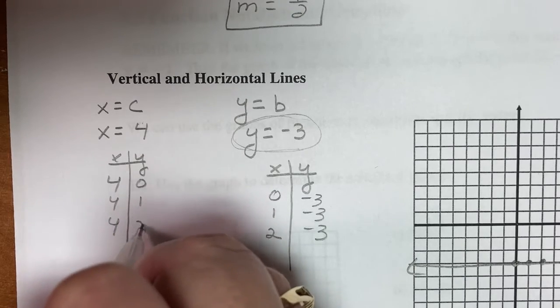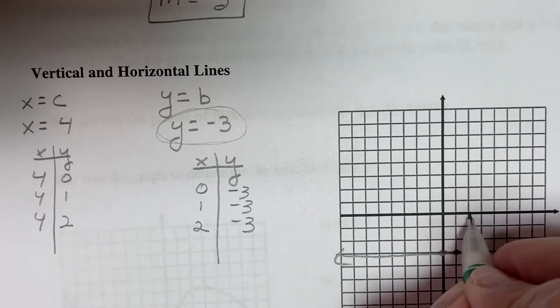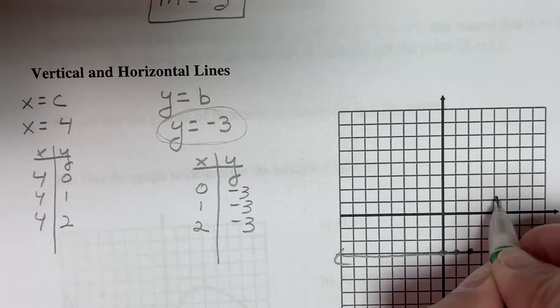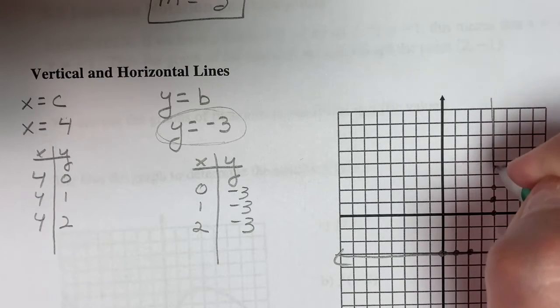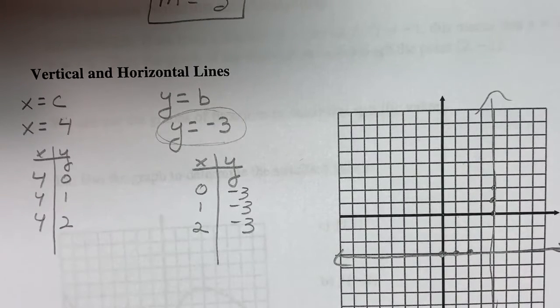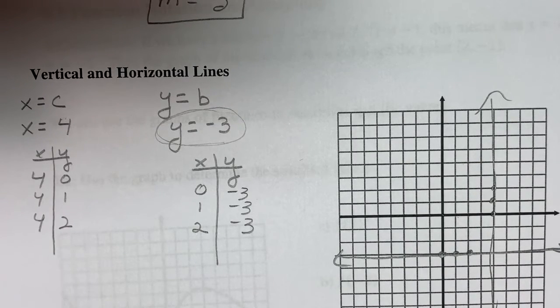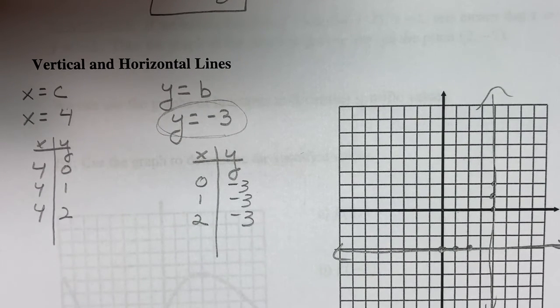Plug anything you want in for y, and if you were to plot those points, you would get (4, 0), (4, 1), (4, 2). You can see that that is a vertical line that goes through the x-axis at 4. So there's a quick review of vertical and horizontal lines.